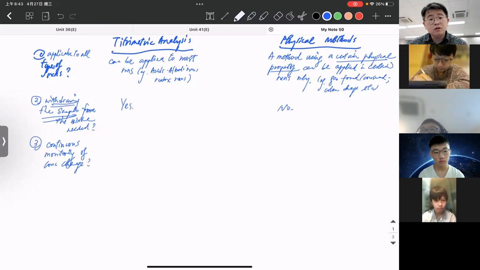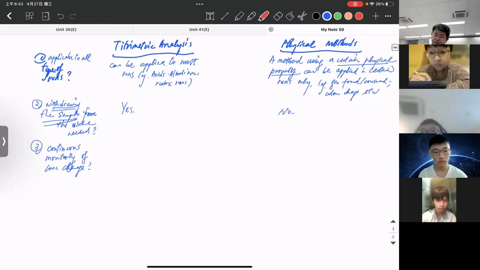Is it a continuous monitoring? For titrimetric analysis, yes. But for physical methods, no. So to your understanding, what is meant by continuous monitoring? Checking the results at regular time intervals.